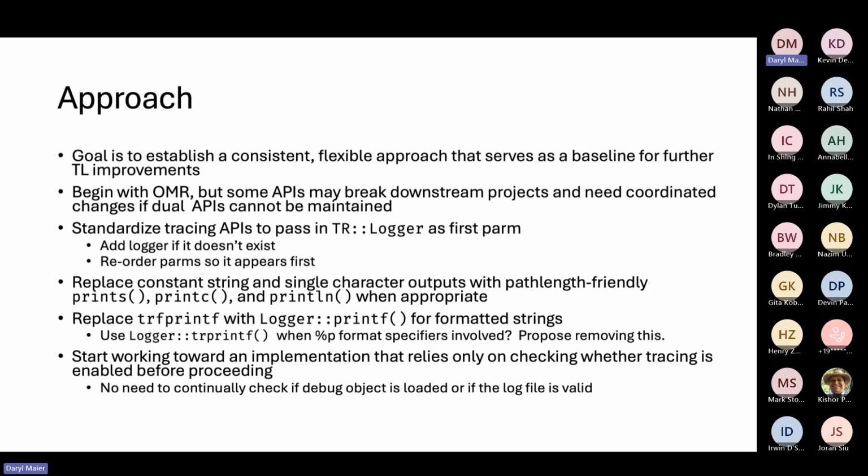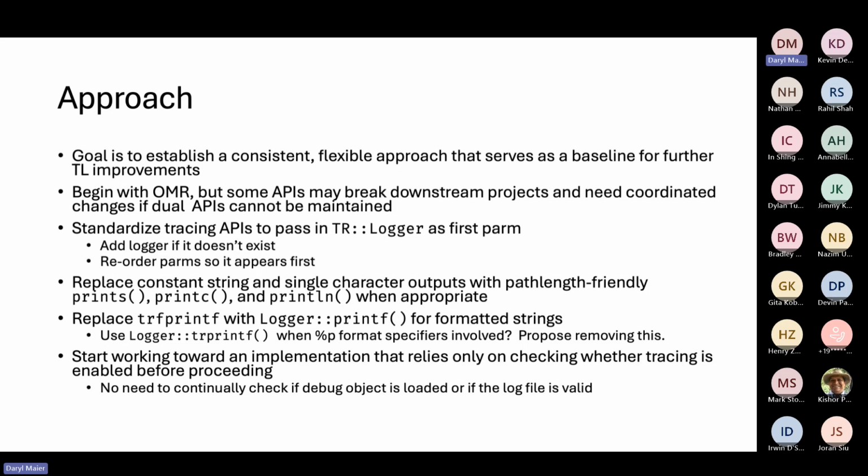And then the other thing here is to start working toward an implementation that relies on checking whether tracing is enabled before proceeding. What that essentially is saying is that, again, if you look at this code, there are often a couple of different things that get checked. One is whether or not there's a debug object around, and secondly, whether or not the file pointer is null.